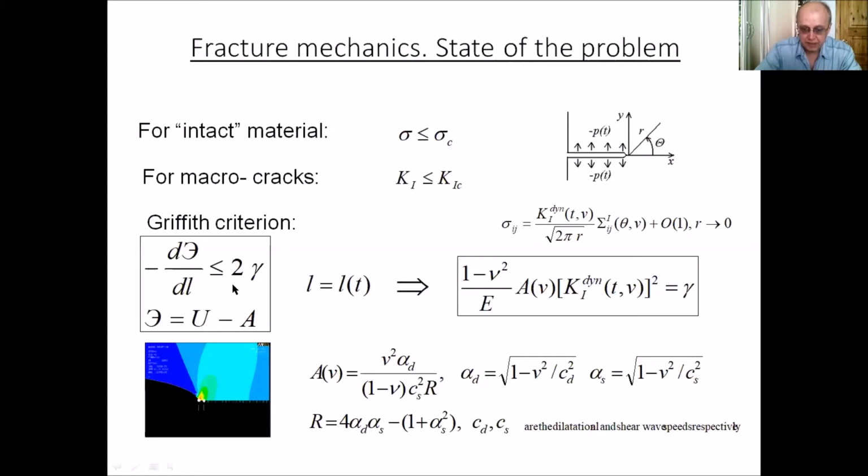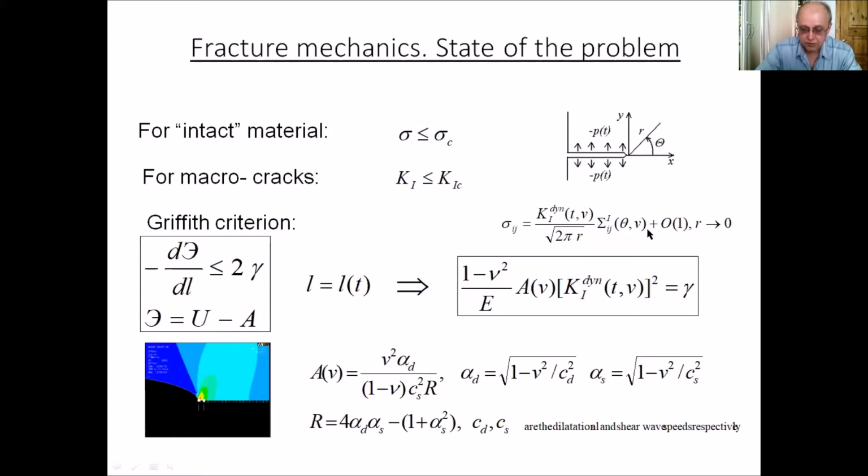The main result of the elastodynamic analysis of the problem is that the stress field in the vicinity of the crack tip is square root singular, similar to the quasi-static situation, and the singular part of the near-tip stress field can be written in this form.